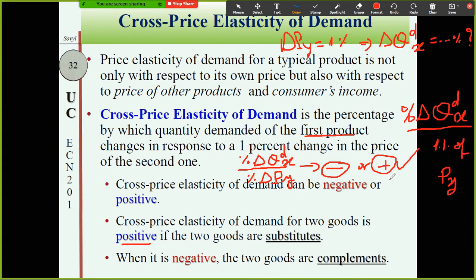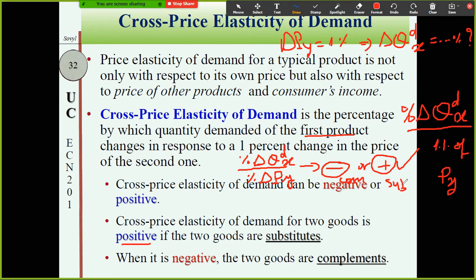However, this is substitute goods, positive. However, it is negative if these two goods are complement goods. So I can say this is complement.